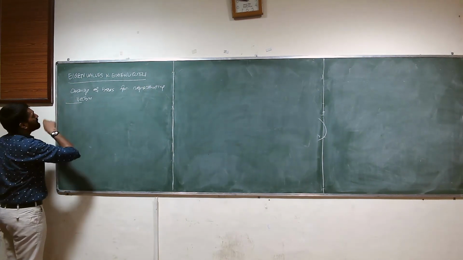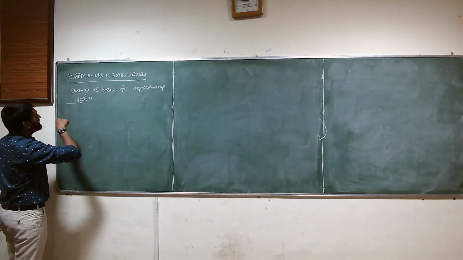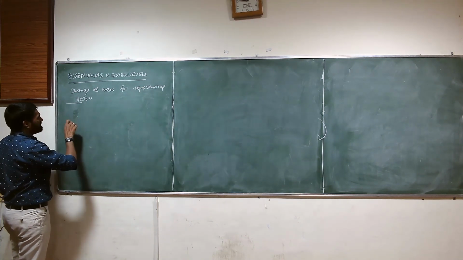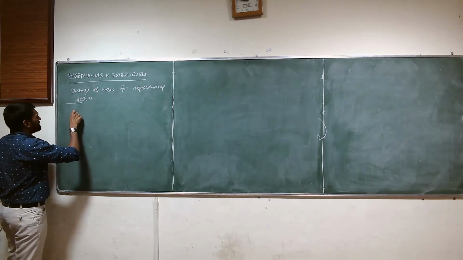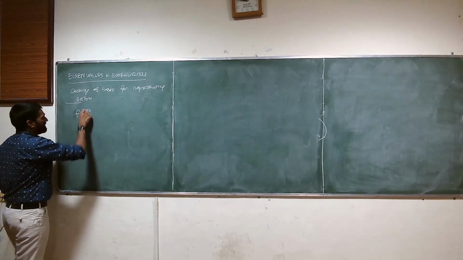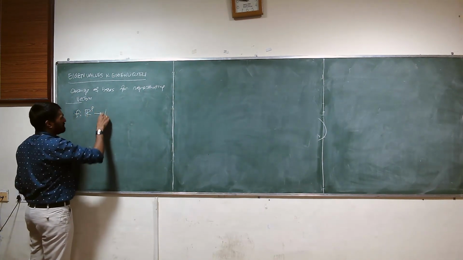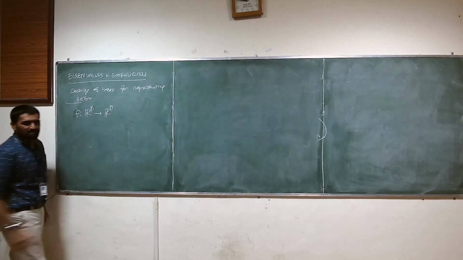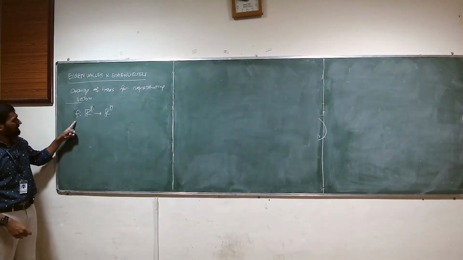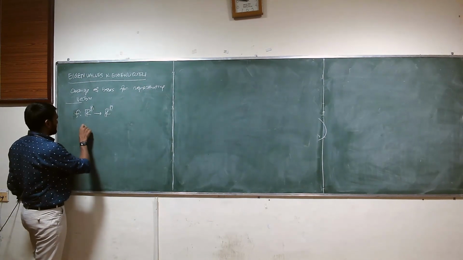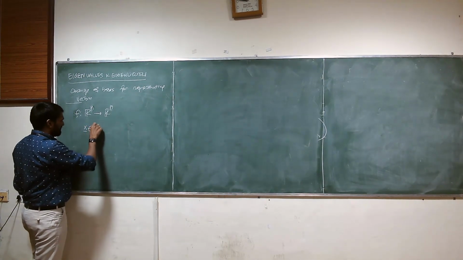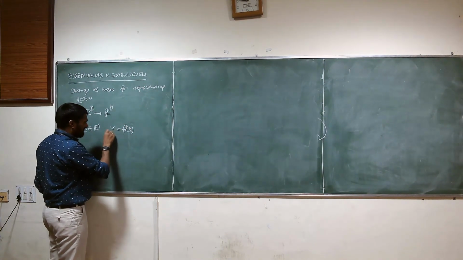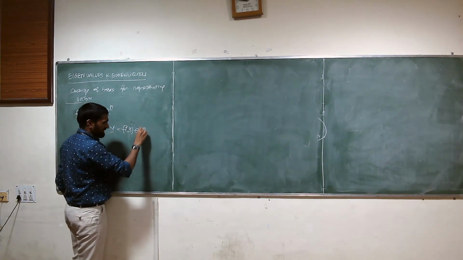So in this, we're going to look at something slightly different. Let's say we have a linear transformation f from Rn to Rn. That means if I take a vector x from Rn and pass it to f, I'll get another vector y, which also belongs to Rn.